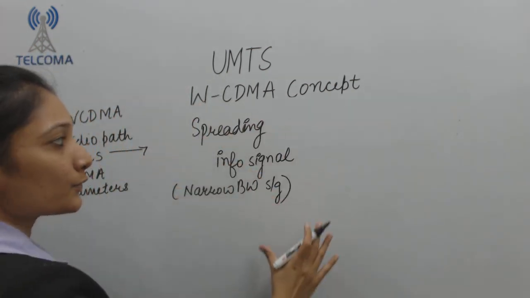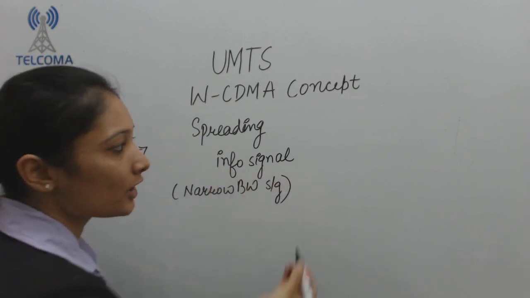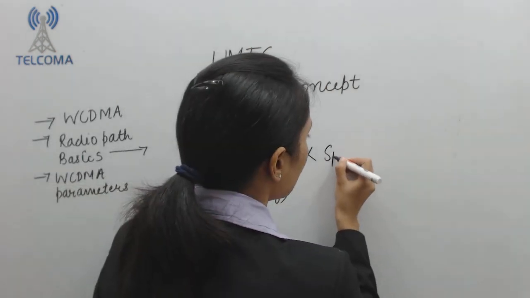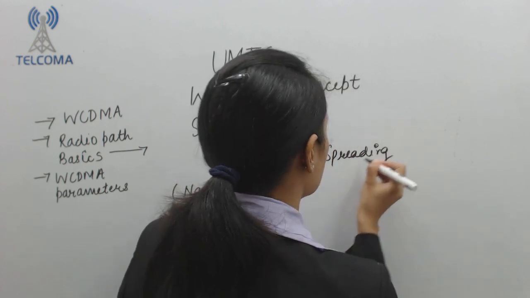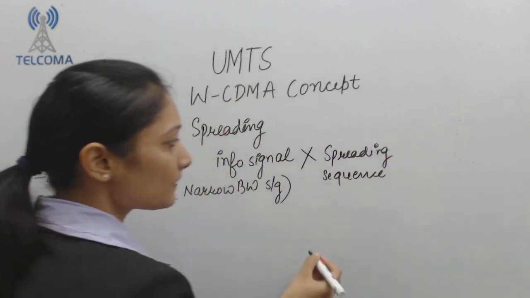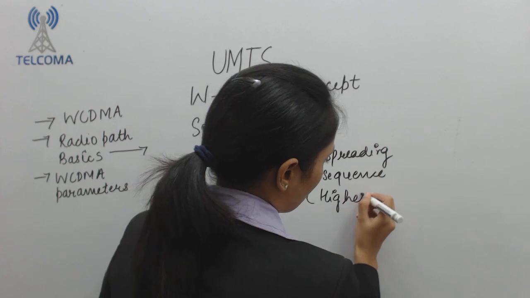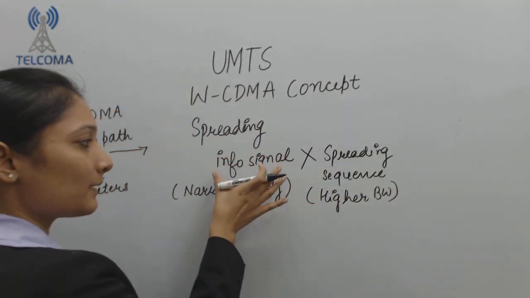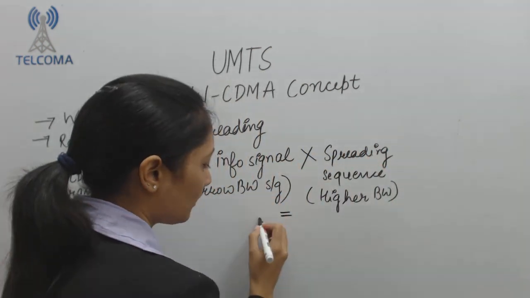So, in order to increase the bandwidth of this information signal, I will have to multiply it with a spreading sequence. Now, this spreading sequence is basically a higher bandwidth signal.